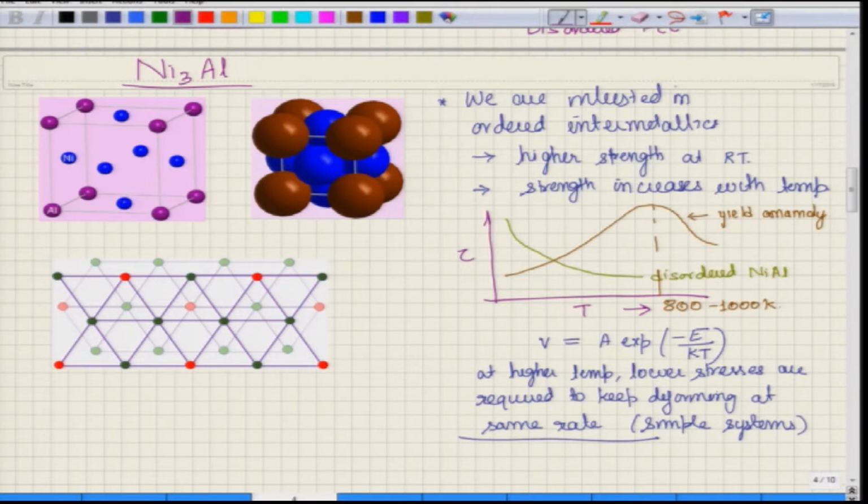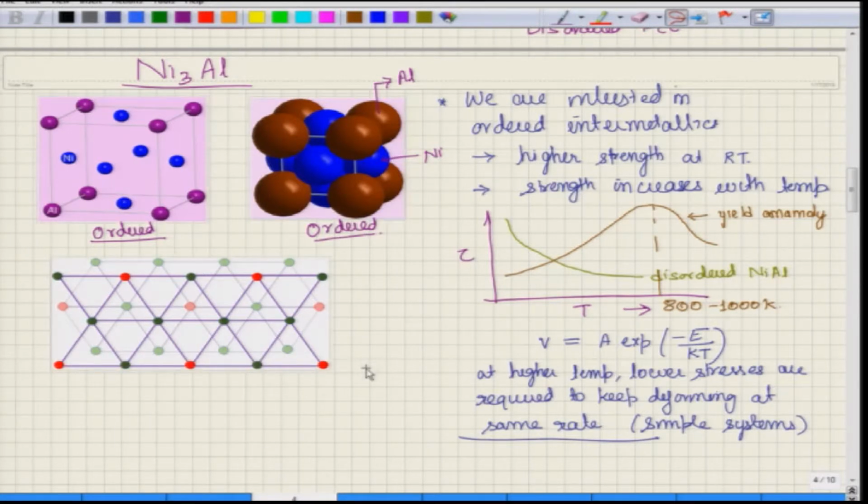You can see aluminum atoms are at the corners and the face centers are the nickel atoms, and remember this is an ordered structure. And if you were looking at the hard sphere model, this is how it would look. So, again this one is aluminum and the face centers are nickel. This is an ordered structure.